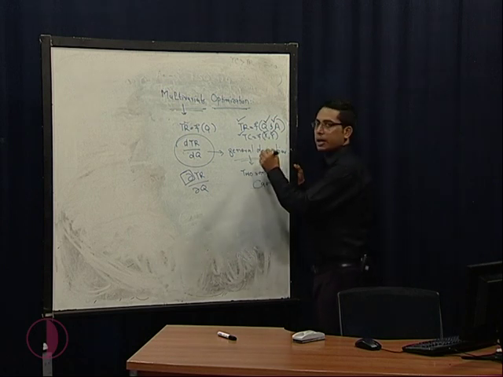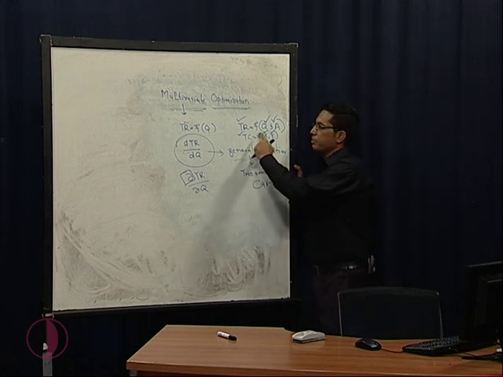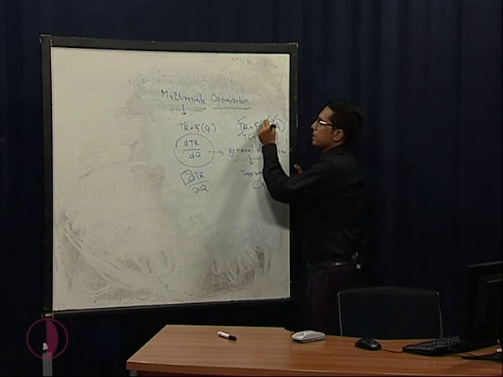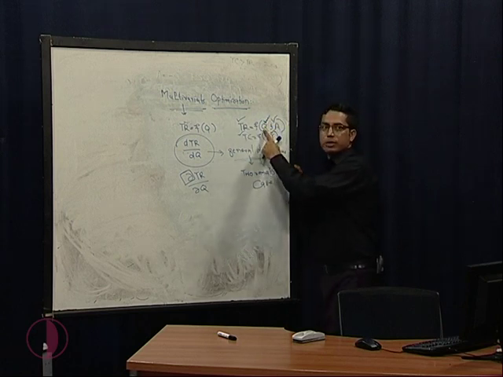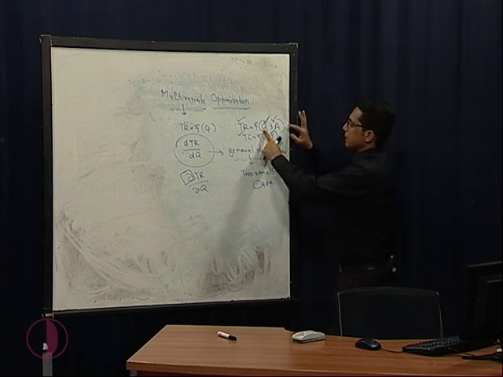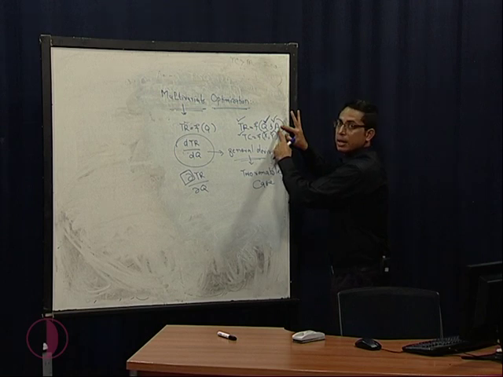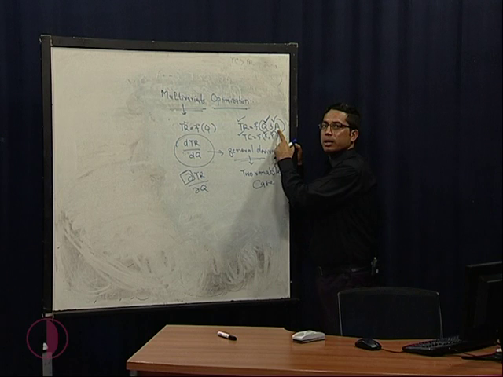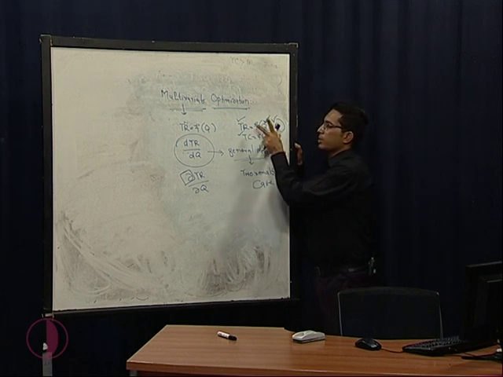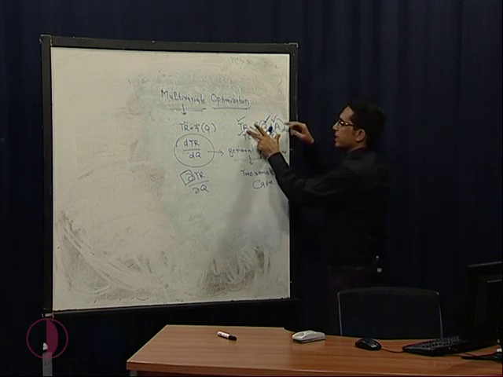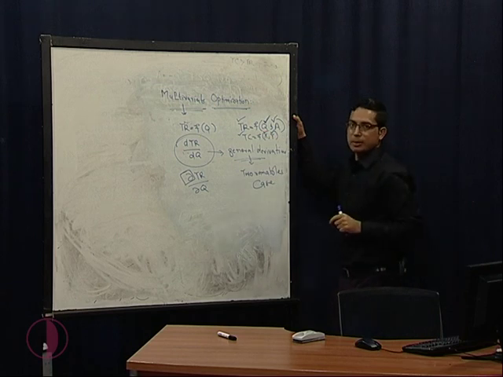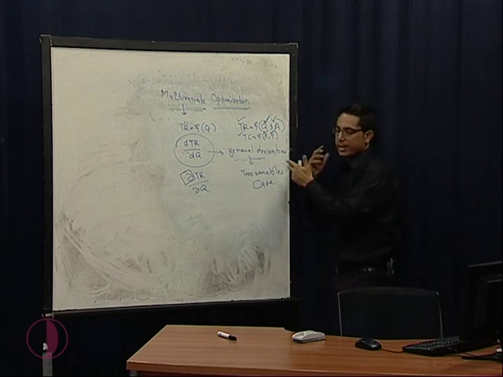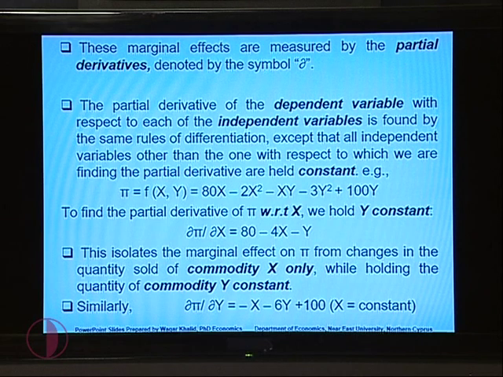It means that if we are taking the derivative of this expression with respect to this independent variable, we will keep this variable as constant. If we are taking the derivative with respect to this one, we will keep this variable as constant. So this is the concept of partial derivative.